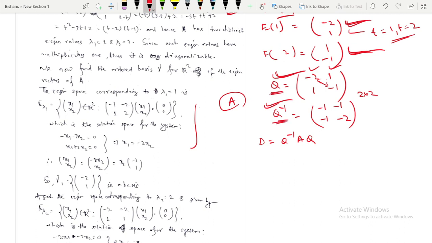Then if you multiply Q inverse, the given matrix A, and Q, this will be the diagonal matrix D. You will get the diagonal matrix 1 0 0 2, because 1 is one eigenvalue and 2 is the other eigenvalue.